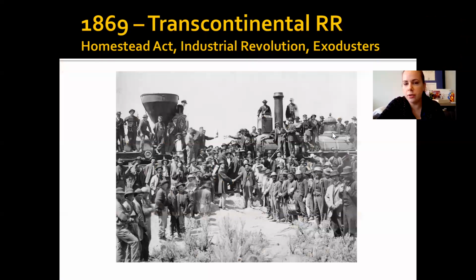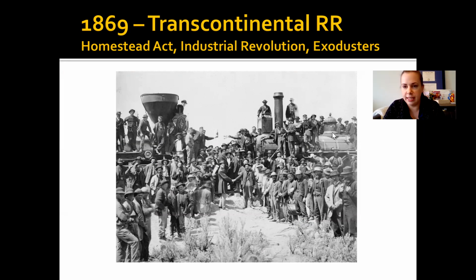So first, we are going to start with westward expansion, specifically looking at the creation of the Transcontinental Railroad in 1869. Now, what the Transcontinental Railroad means is the railroad now reaches from New York or the East Coast all the way to California.